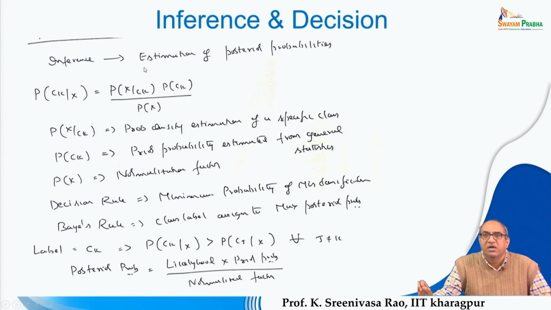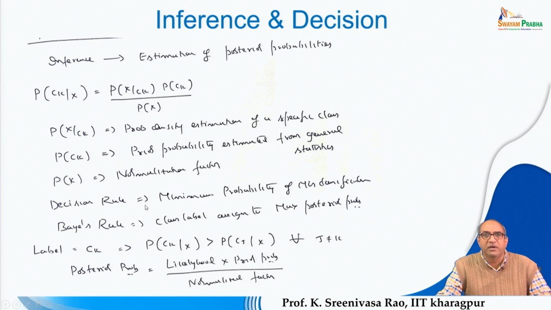Given a feature vector, we estimate the posterior probability of that feature vector with respect to each class. Whichever class gives the highest posterior probability, we hypothesize that the given feature vector belongs to that class. We already discussed this result. This is known as the Bayes result, a posterior probability, and this is the way it is estimated.